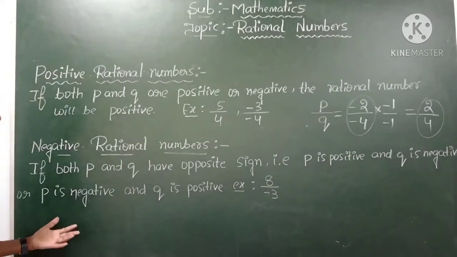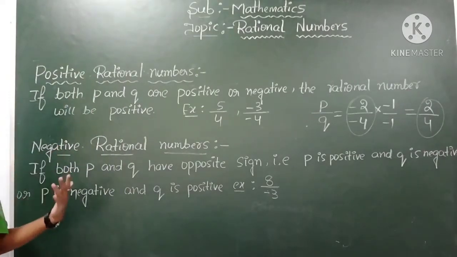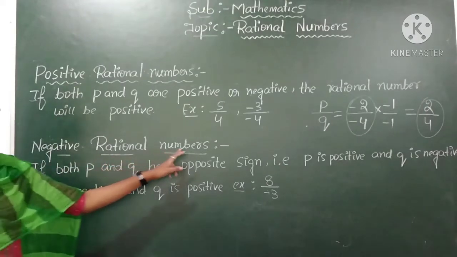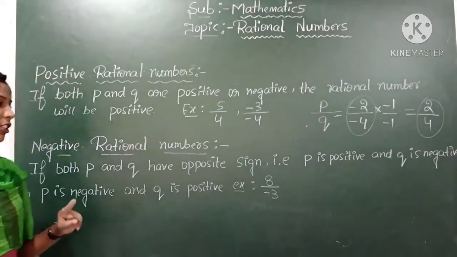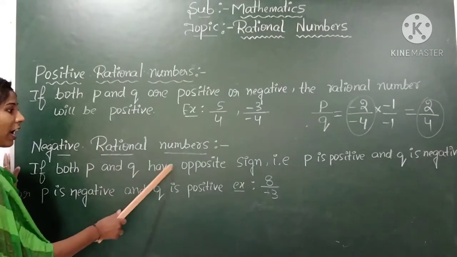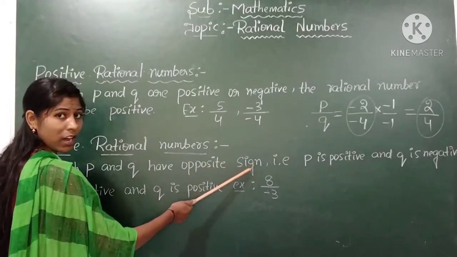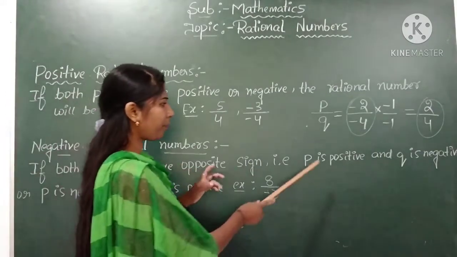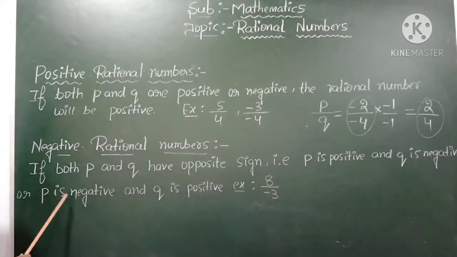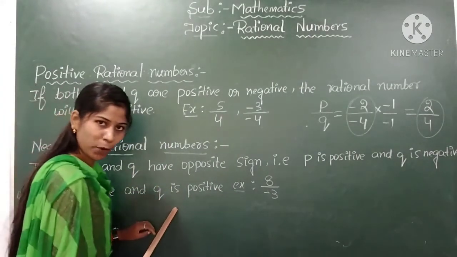This kind of rational number is said to be a negative rational number. Negative rational numbers are those where p and q have opposite signs: if p is positive, then q should be negative, and if p is negative, then q should be positive.